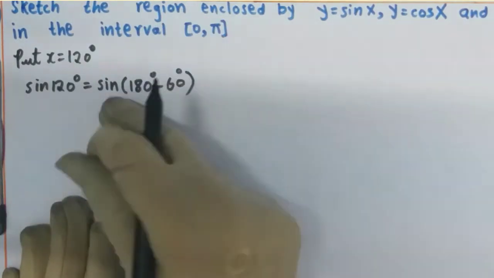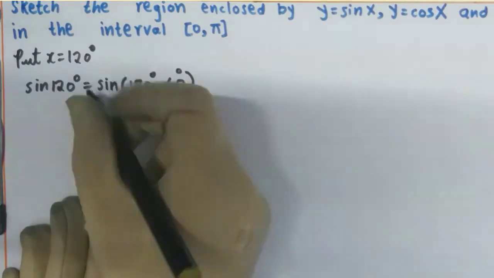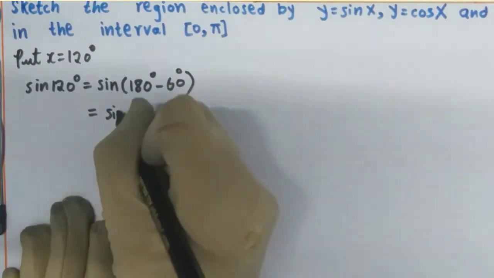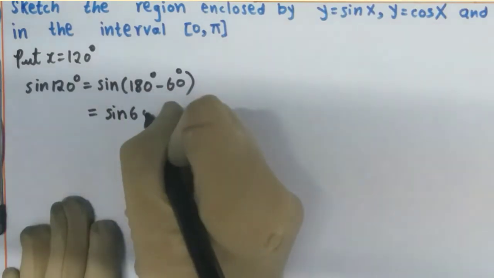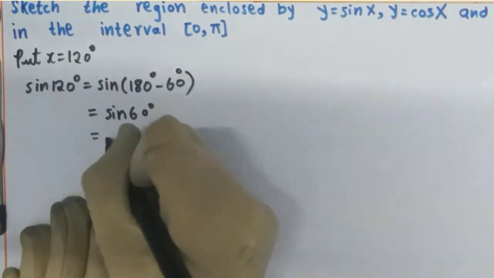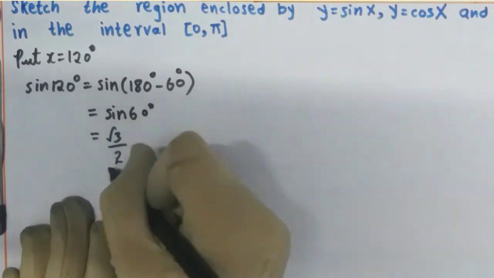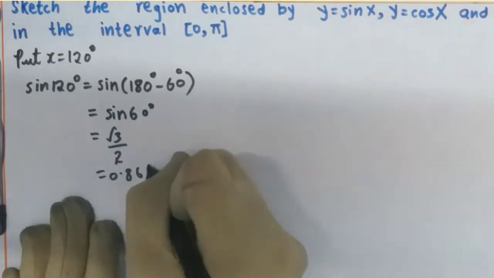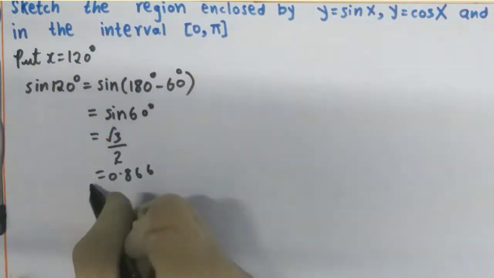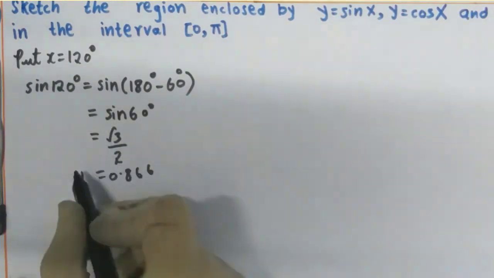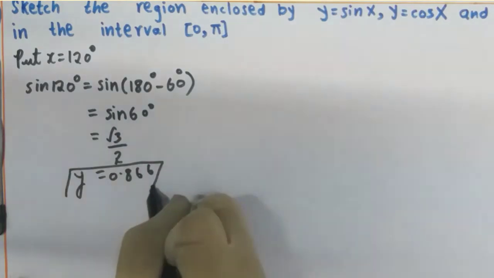What is sin of 180 minus theta? It is sin theta, and since 180 minus theta lies in the second quadrant, sine is positive. So the answer is sin 60, which is root 3 by 2, or 0.866. So when x is 120, y equals 0.866. Next.